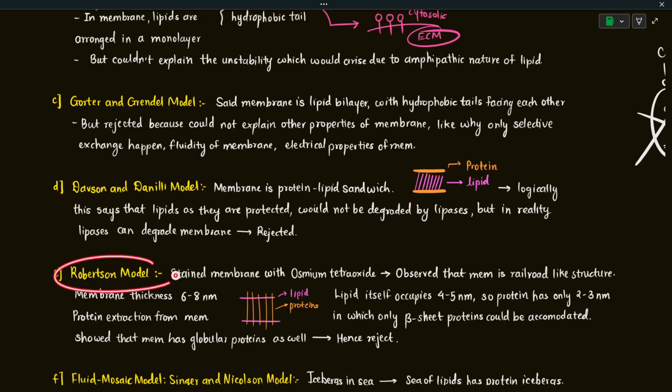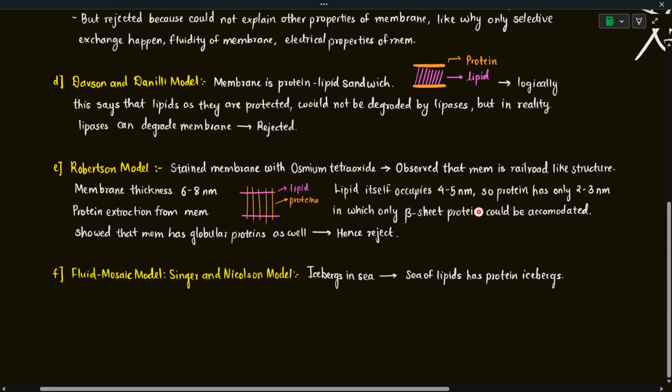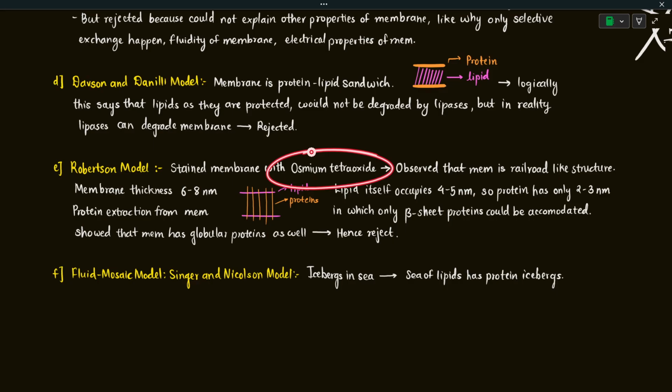Then came the Robertson model, which was a bit more advanced. In that, they stained the membrane with osmium tetroxide. So this is a stain. They were the first ones to actually observe the plasma membrane. When osmium tetroxide staining was done, they observed the membrane and saw that it looks somewhat like a railroad.